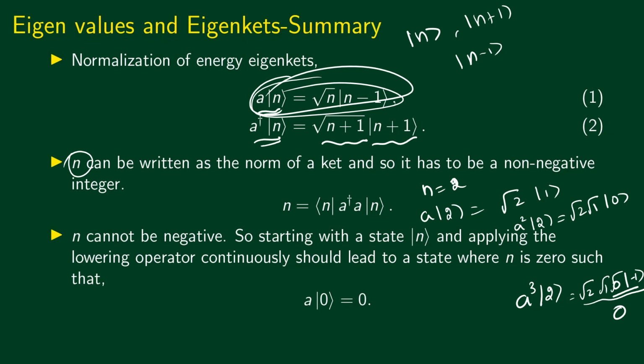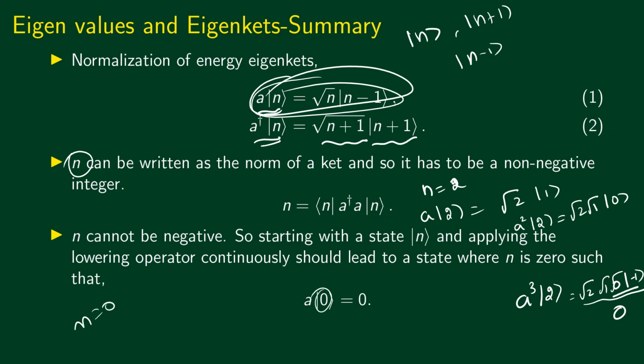So if we start with an integer value for n, by applying the annihilation operator successively, you cannot go beyond ket 0 because the annihilation operator acting on ket 0 gives 0. It returns a null ket, which means that n cannot be lower than 0, or n cannot be negative. So the lowest possible value for n is 0.